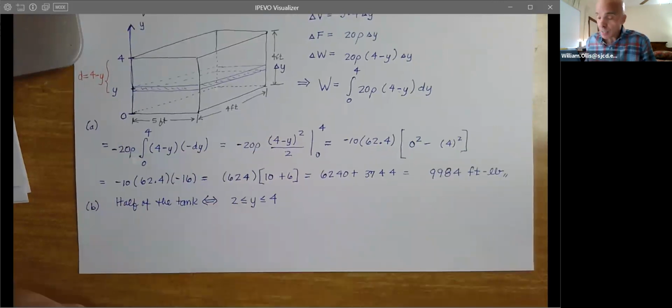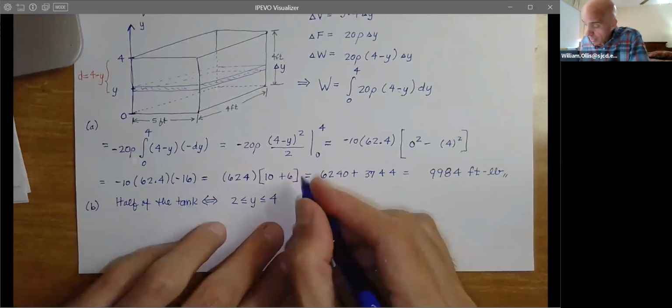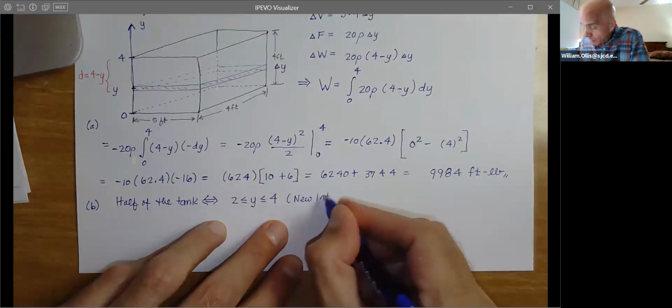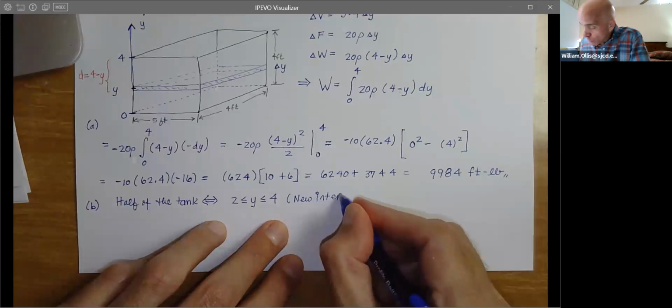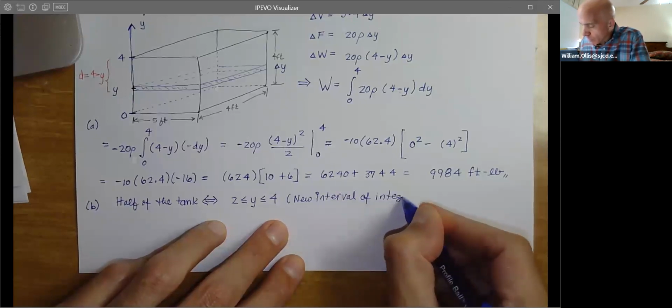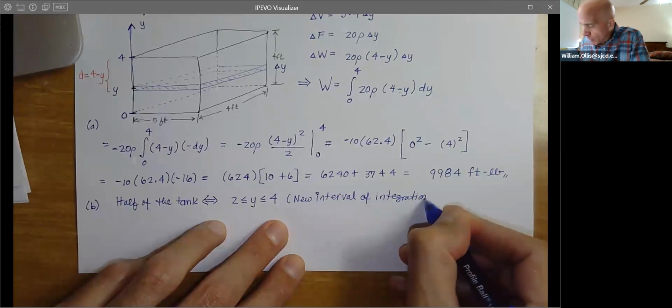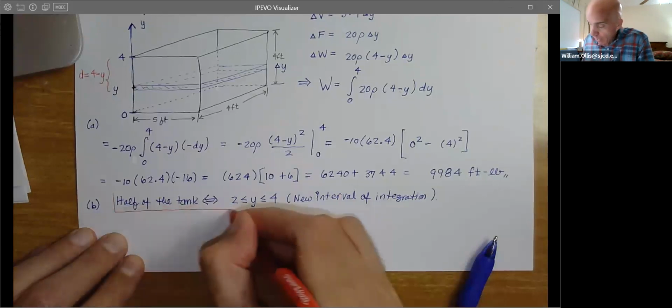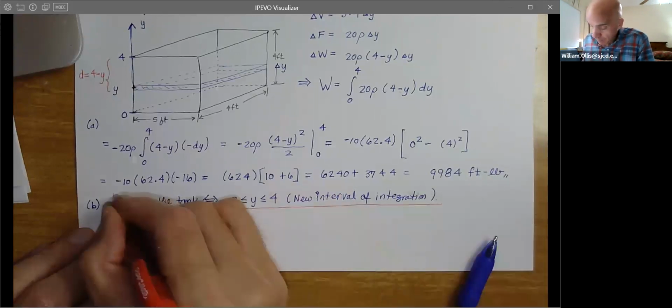But the thing is that with this, what we want to say here is write new interval of integration. We don't have to start over. By all means, we don't have to start over. We just now know that we only have to move out half of the contents.